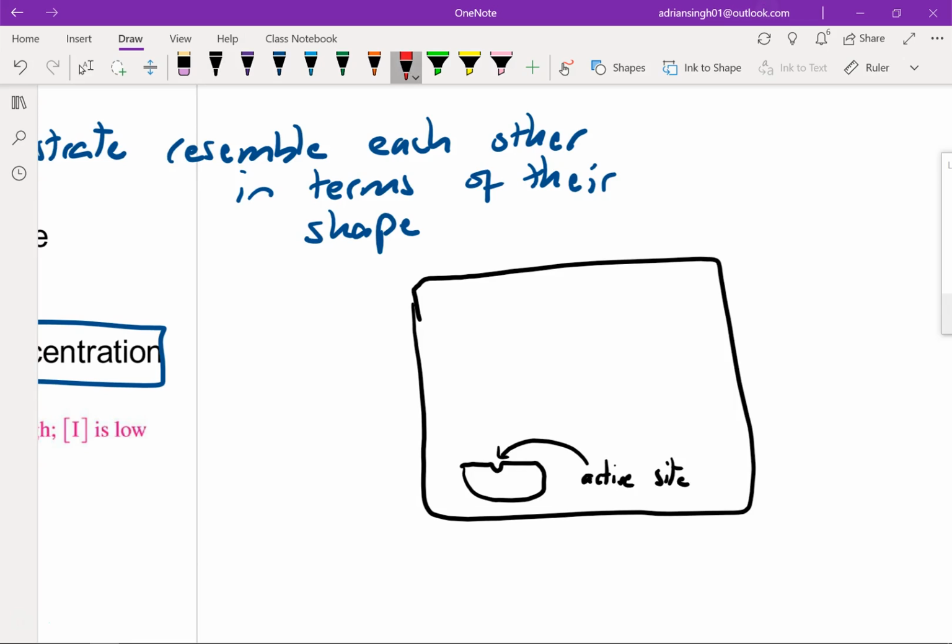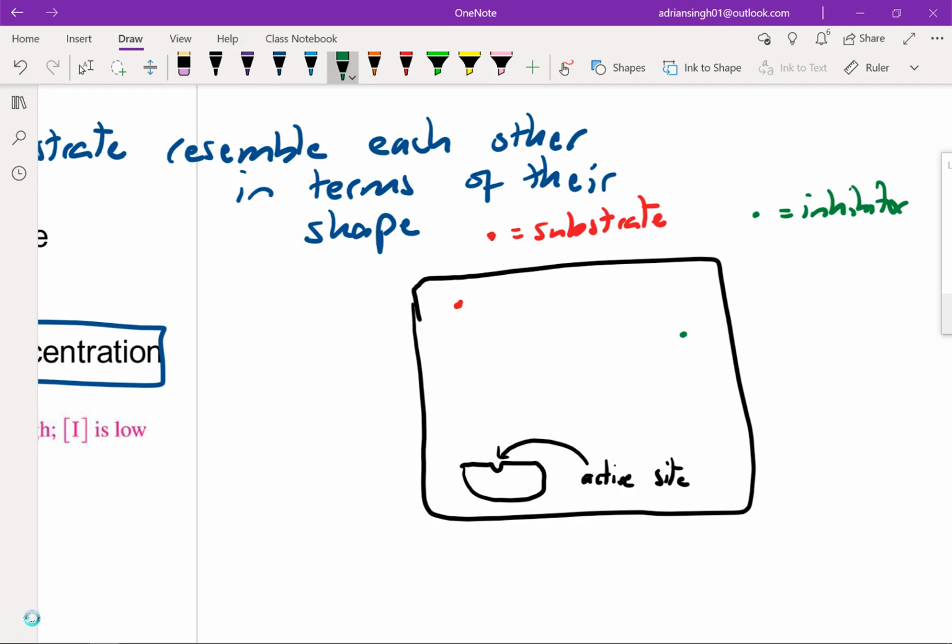And let's say now the red dot here represents the substrate. And then the green dot represents an inhibitor. Right? So if I have one substrate molecule in here and one inhibitor molecule, a green dot, the chances of binding the substrate to the active site is 1 in 2, right? You have a 50% chance of the active site being occupied by the substrate or by the inhibitor.